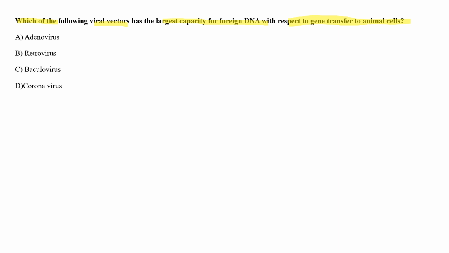They are non-enveloped, 80 to 120 nanometer in diameter होते हैं, have a linear double-stranded DNA genome जिसमें 30 to 40 kb का insert हम transfer कर सकते हैं. So, for gene transfer vectors, they can carry a fragment which is very large of the foreign DNA. So, adenovirus is used. The correct one is option number A, adenovirus.